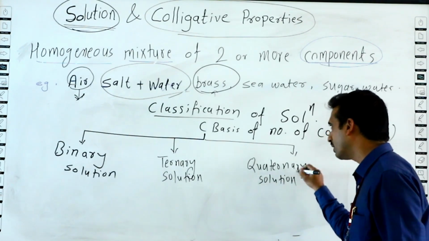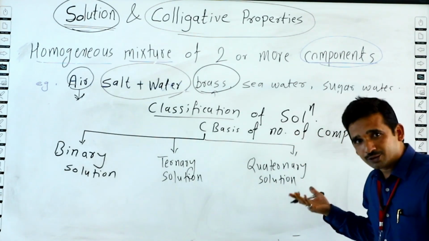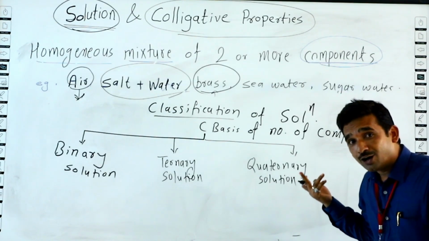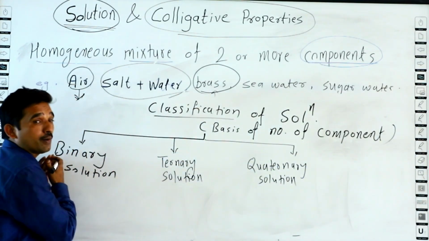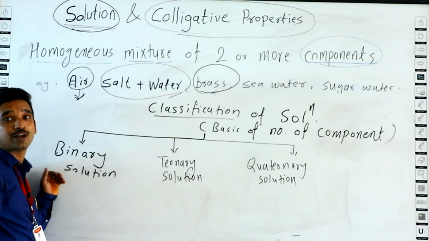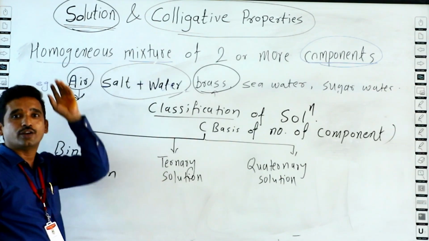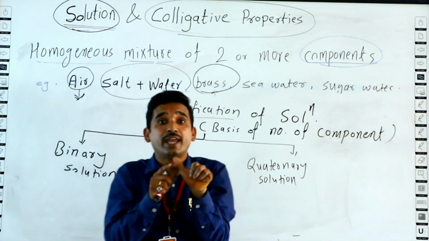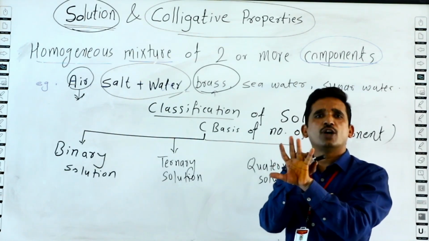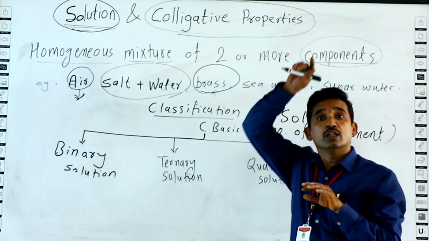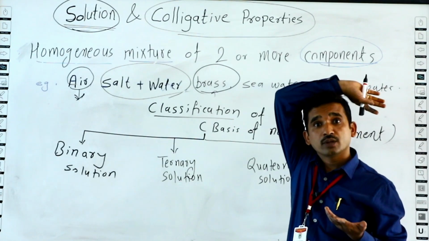quaternary solution. आप बताएंगे सर एनसीईआरटी बुक में 3 ही है, ऐसा नहीं. एयर बोले तो एयर, how many components are present in air. अगर मैं यहाँ और 4 बोर्ड लगाऊं, तो भी मैं नहीं बता सकता कि बाइनरी, टर्शियरी, क्वाटर्नरी, so on. क्योंकि एयर में क्या है? एयर में ऑक्सीजन, कार्बन डाइऑक्साइड, कार्बन मोनोऑक्साइड, हेलियम, नियॉन, आर्गन, क्रिप्टॉन, ज़ेनॉन. There are so many oxides of nitrogen, oxides of sulfur, वगैरह वगैरह.